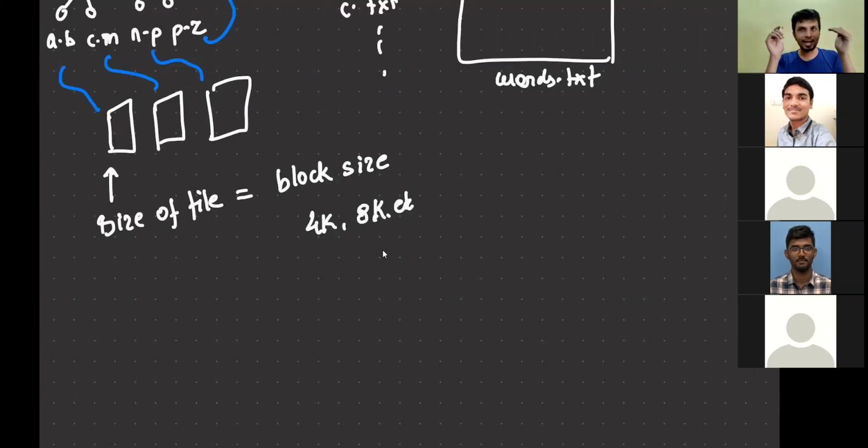So let's say you accessed a certain byte, and then you are doing normal file IO and said, give me the next 3 bytes of it. When this call gets translated into the system call, it would say that from this file, for this block, I want to read this offset. Then it gets passed to the operating system. The operating system would say, this file block is already loaded in memory. You can directly get the data from memory.